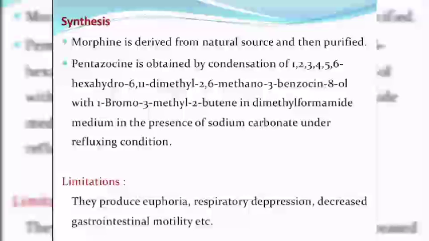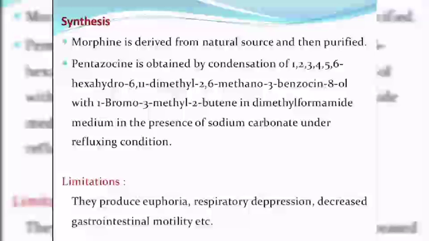It is a long compound because it has been named through the IUPAC name, so that's why it seems a little big, with 1-bromo-3-methyl-2-butene in the presence of dimethylformamide medium. Dimethylformamide acts as a solvent in the presence of sodium bicarbonate under refluxing conditions. So this is how pentazocine is synthesized.